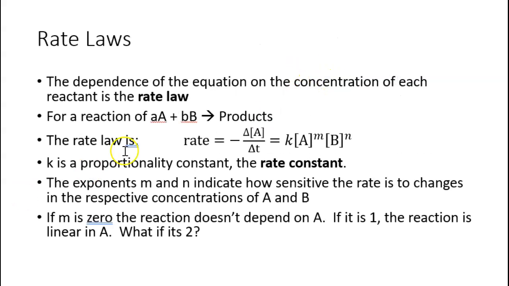Okay, so we're moving on to this slide, which is the dependence of the rate on the concentration of each reactant, and it is called the rate law. So let me explain this a little bit more. The rate law includes all of the reactants. So what we looked at before is a relative rate expression, and now we're talking about a rate law. Those are two different things.